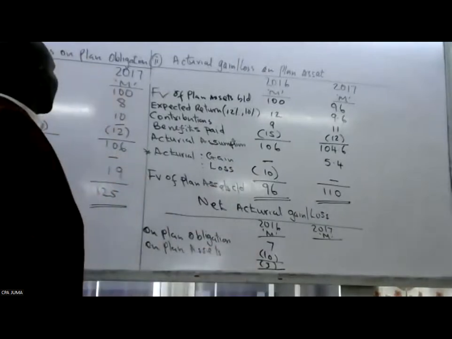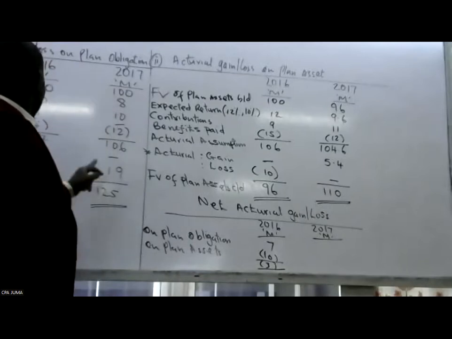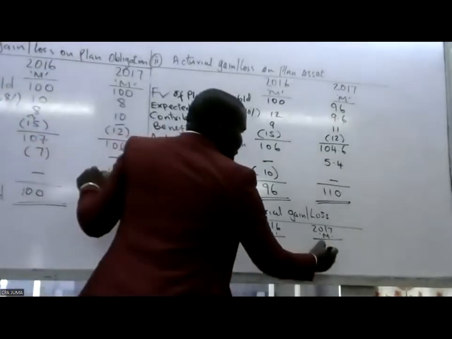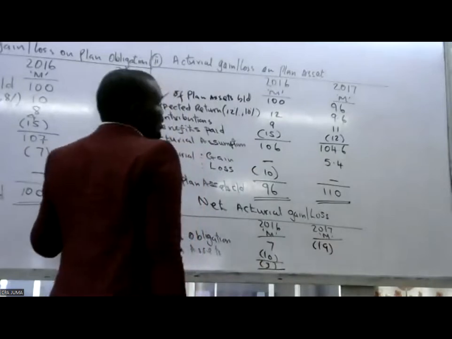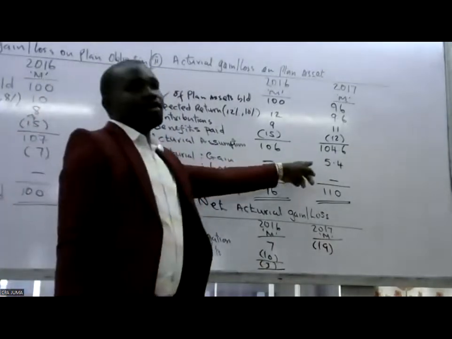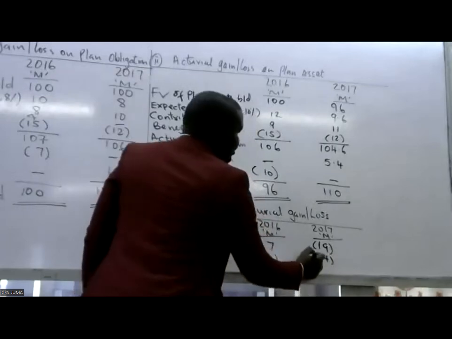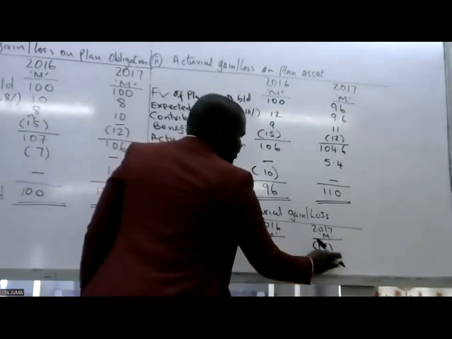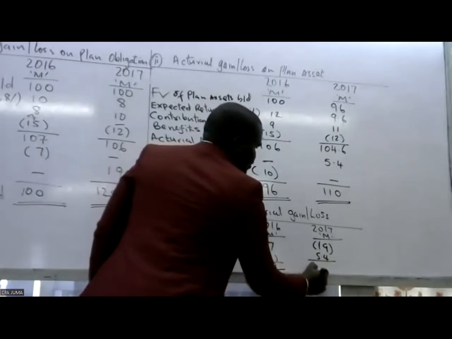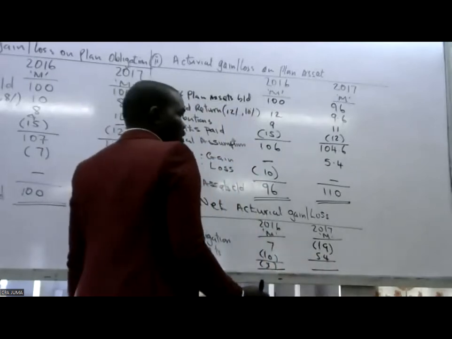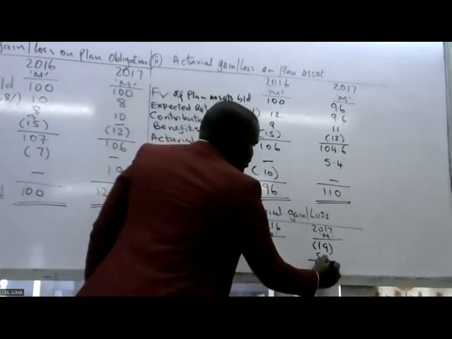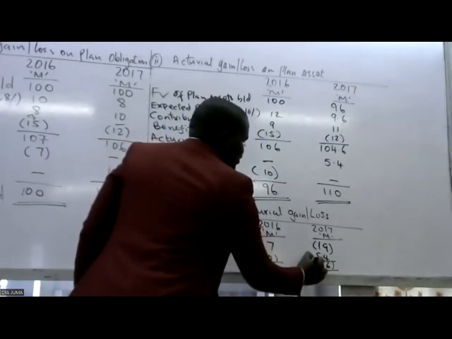In 2017, on obligations, we lost. We lost how much? 19. On the assets, we gained 5.4. So the net position is a loss of how much? 13.6, which is a loss.